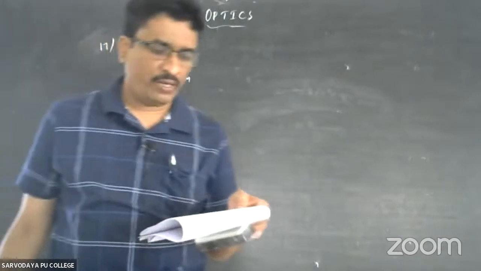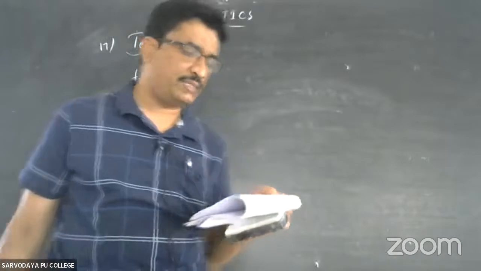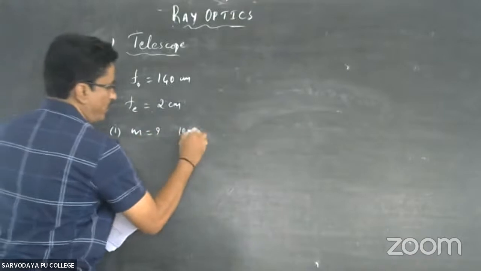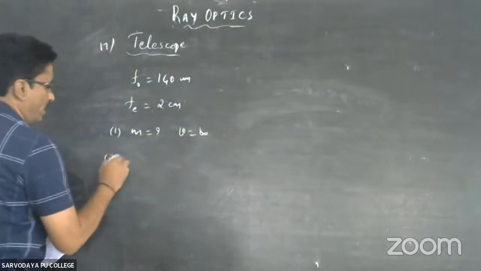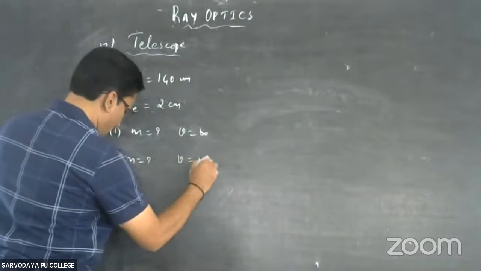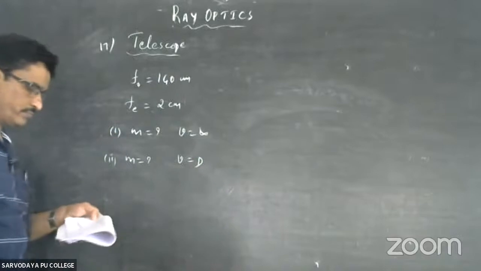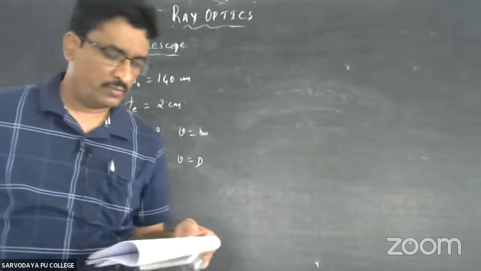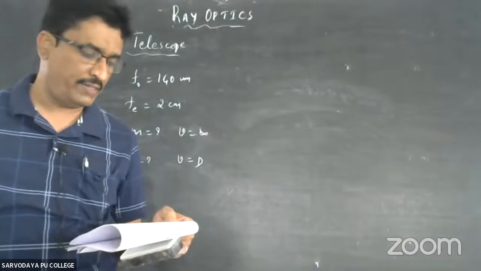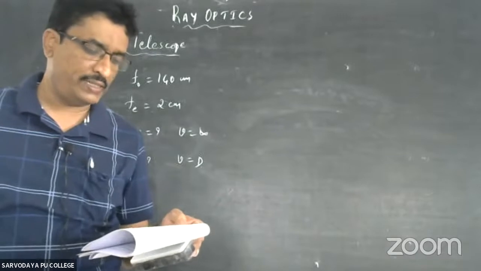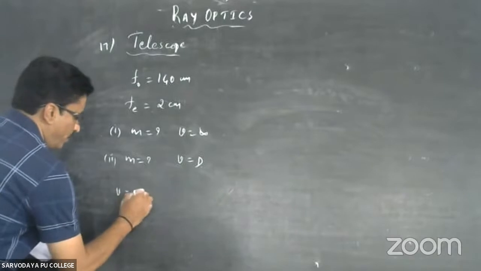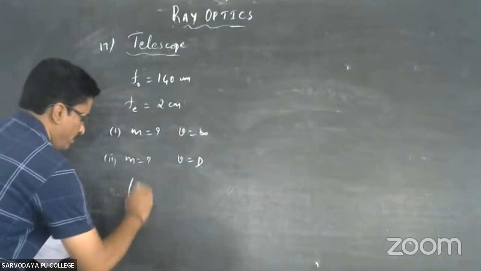What is the magnifying power of the telescope when the final image is at infinity? We have to find out the magnifying power when V is equal to infinity, and also the magnifying power when V is at the least distance of distinct vision. And one more quantity has been asked: what will be the separation between the objective and the eyepiece if the final image is at infinity?